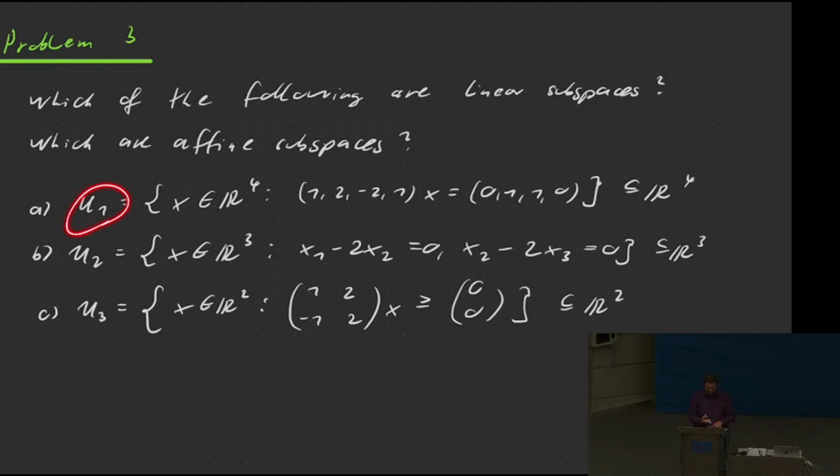First question, just a quick show of hands. Who thinks U1 is a linear subspace? Who thinks U1 is not a linear subspace? That is a clear majority, I'd say. And of course, you're right, because that statement here is just complete nonsense, as you have hopefully seen.